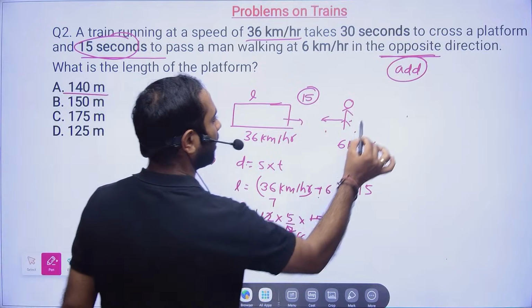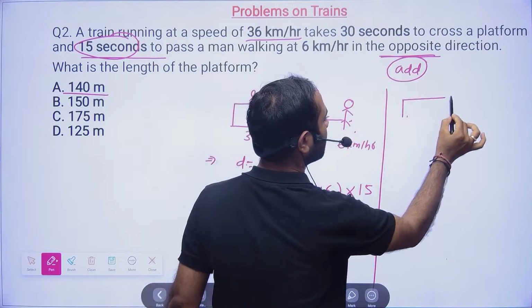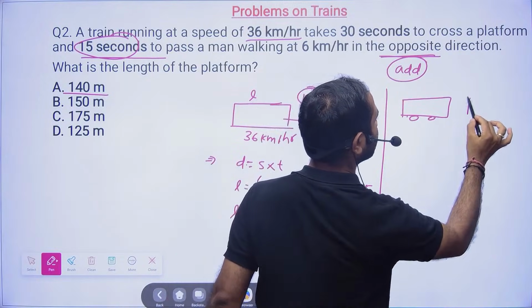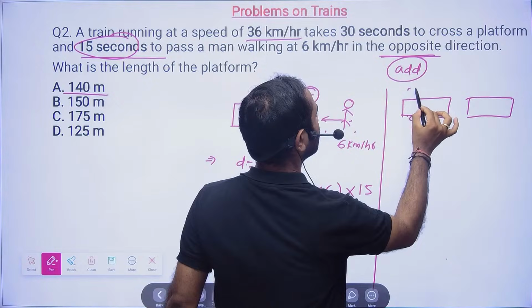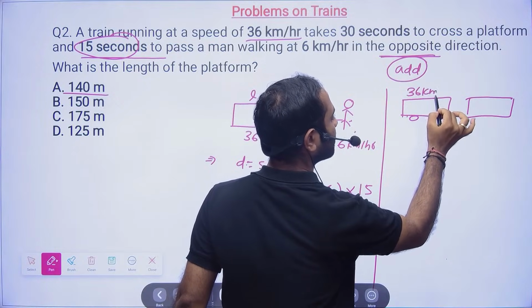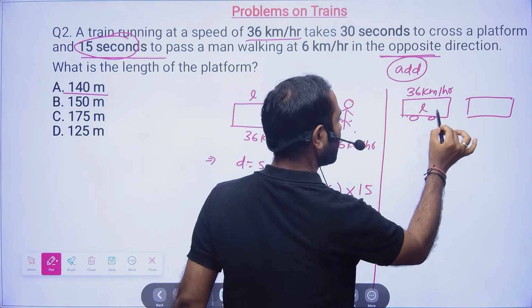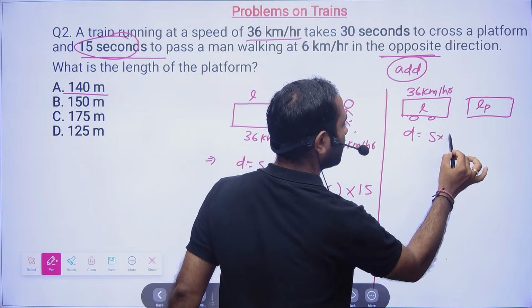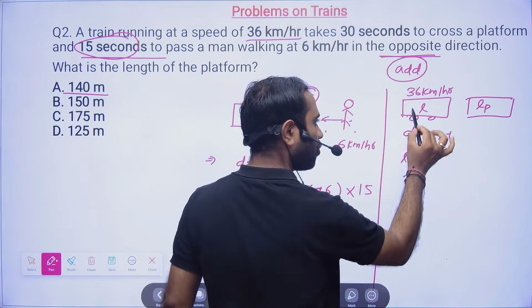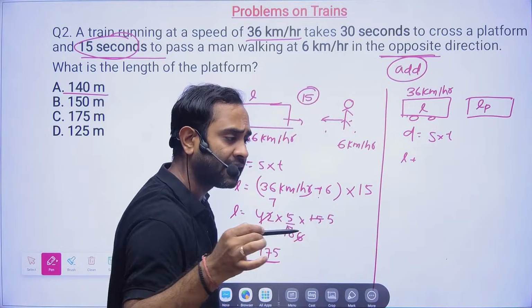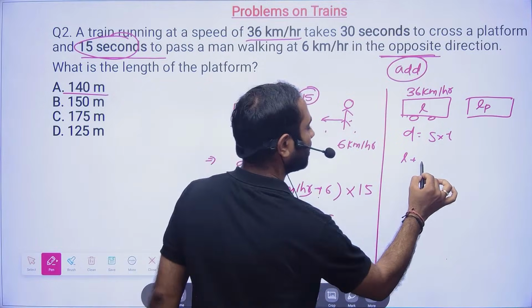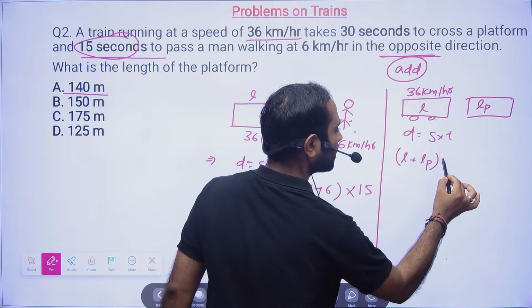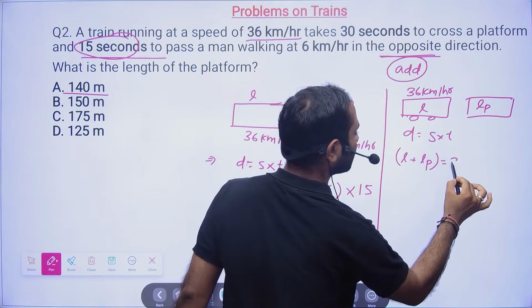This is clear now. Now friends, the same train is crossing a platform. So the platform's speed, definitely it will be 0. Length is L and this is LP. So distance will be equal to speed into time, only one formula. Now when a train crosses a platform, or when a train crosses another train, then you have to add the lengths. Speed is nothing but 36 kilometer per hour.